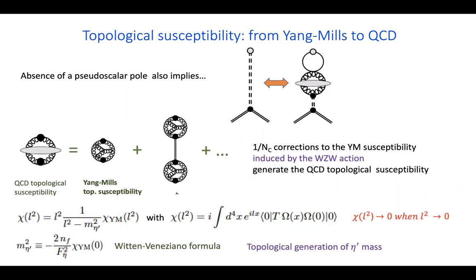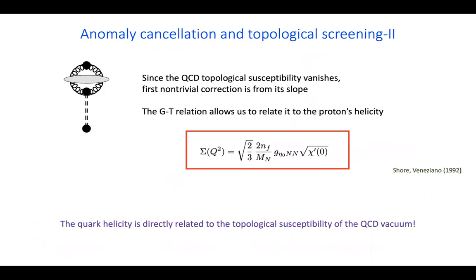This is also important because when it comes to the discussion of spin, the presence of this Wess-Zumino-Witten term is very important. Just to summarize, the quark helicity that I mentioned, which you measure in experiments, is directly proportional to the square root of the slope of the QCD topological susceptibility. This is a result that Shore and Veneziano got in 1992, which, as I mentioned, is completely ignored in the literature.